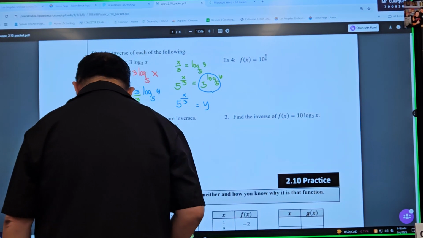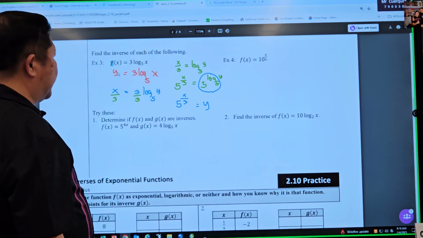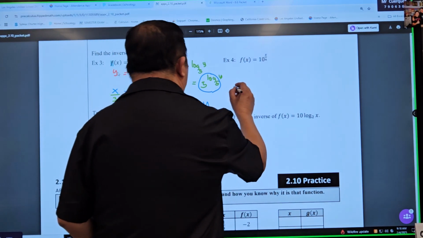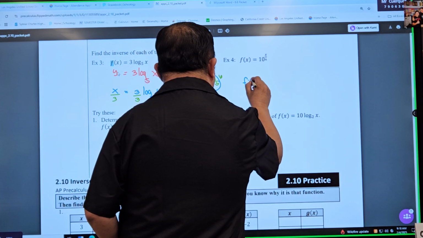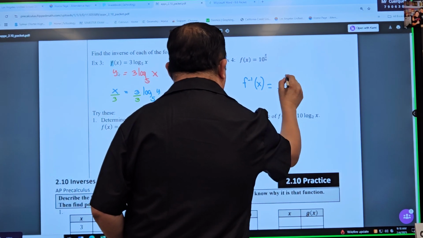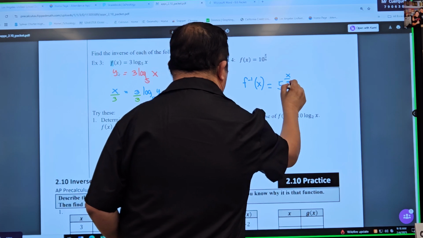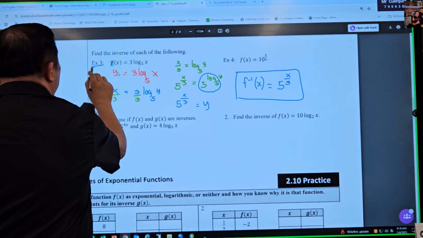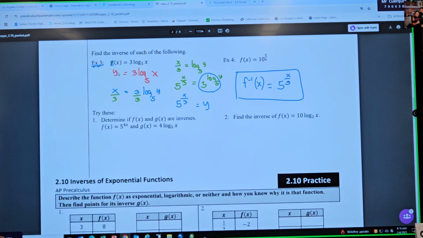So this is now the inverse. Rewriting this, the inverse of x is equal to 5 to the power of x over 3. And this is the final answer for example number 3. Okay?